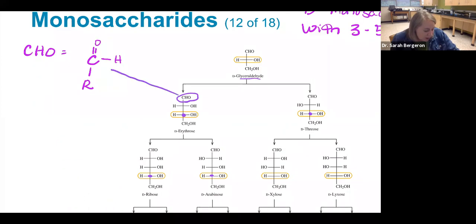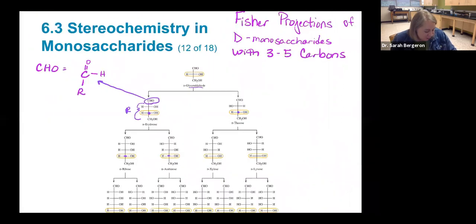So that CHO is really carbon double bonded to an oxygen with a hydrogen, and then the rest of the molecule, this is the R, right? It's a terrible R. But it's not single bonds, even though it kind of looks like it, but it's not. So just be aware of that when you're looking at these structures.